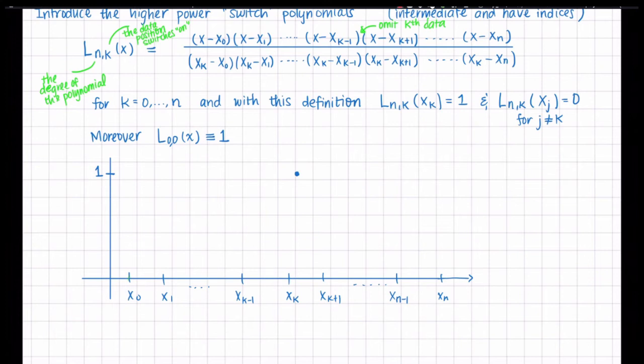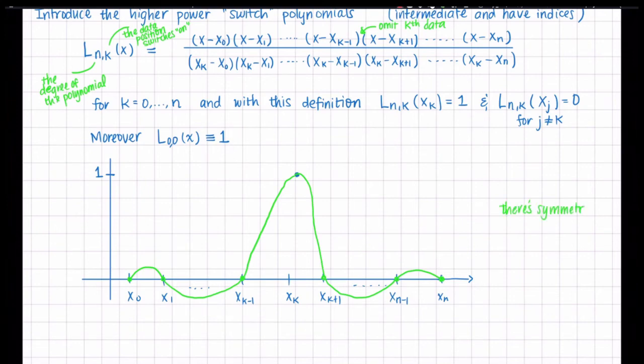Everywhere else, it has to be 0 at these other values. If you start playing around with these and graphing them, they'll generally take some kind of shape like this. There's some symmetry, and because of having to go through the data values with an output value of 0, the more data, the more ups and downs, which means more oscillations. That's one of the downfalls of the Lagrange interpolating polynomials.